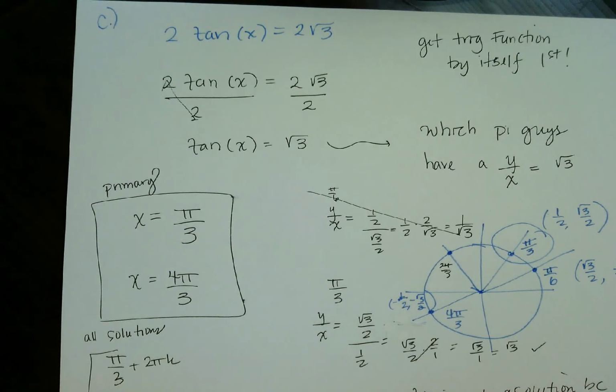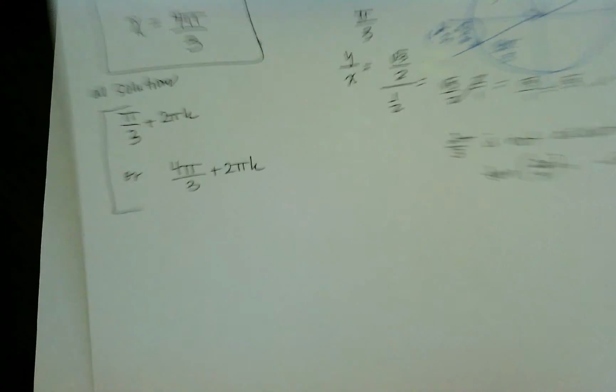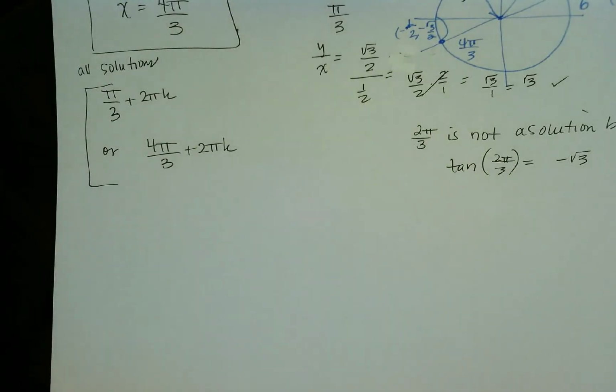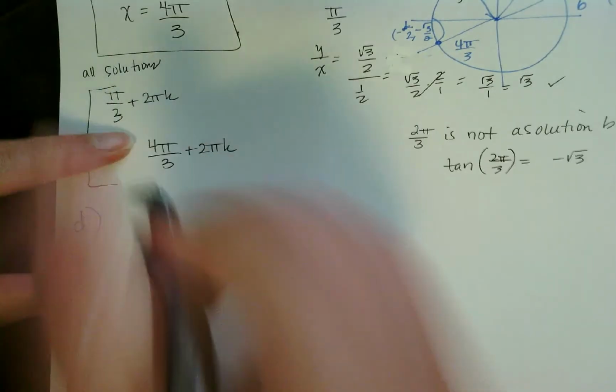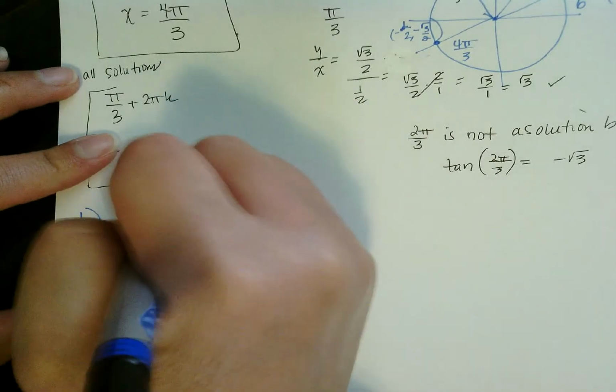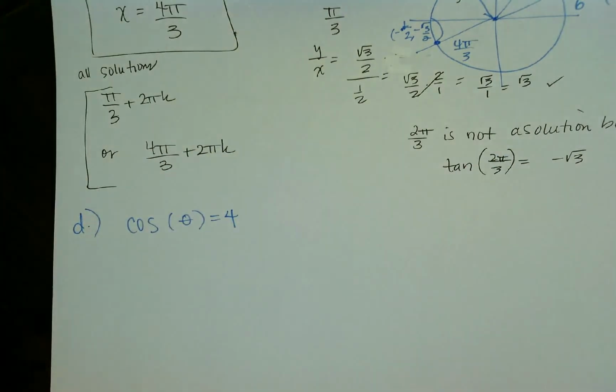Alright, let's do another one. There's D. Cosine of theta equals 4. Okay. Alright. Cosine's by itself. And it doesn't matter what variable you use.